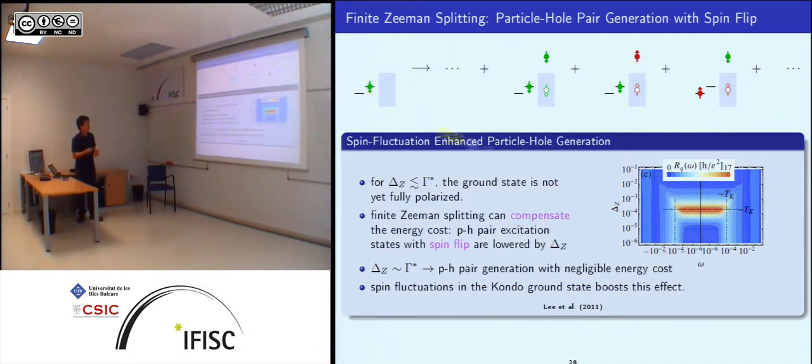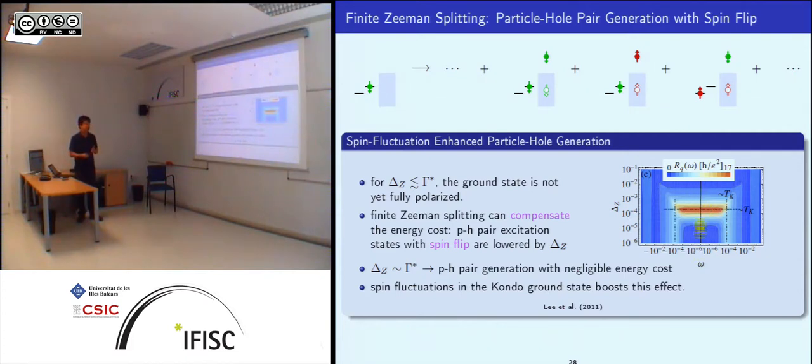Here we have spin down, and in the second tunneling process, this spin can be flipped, and a particle pair is generated at the conduction band. Then by flipping, we have some energy gain from the Zeeman splitting. This energy gain can be used to break the spin binding energy.